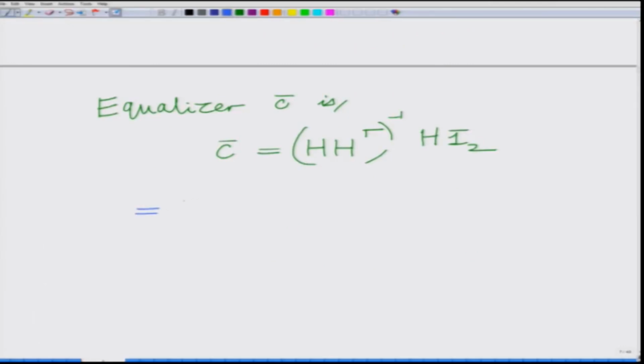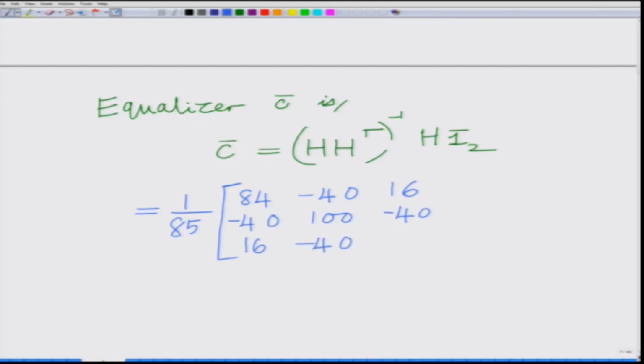H transpose inverse is 1 over 85 times 84, minus 40, 16; minus 40, 100, minus 40; 16, minus 40, 84, times H 1 bar 2, which is 0 half 1.